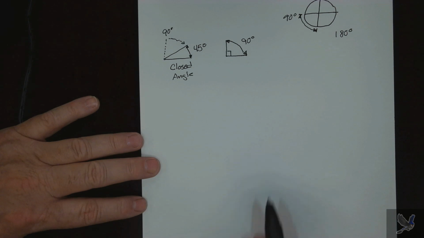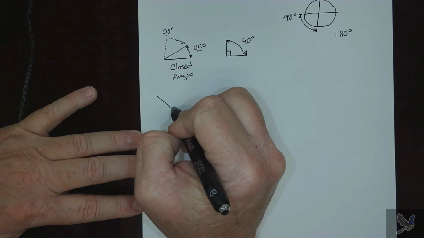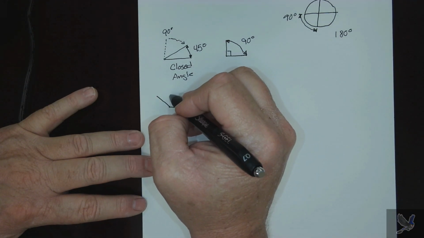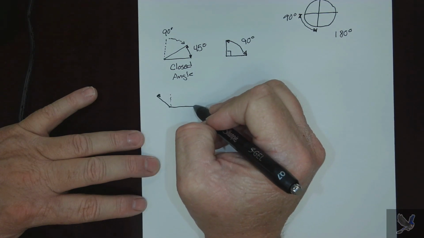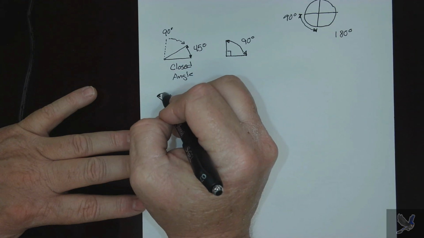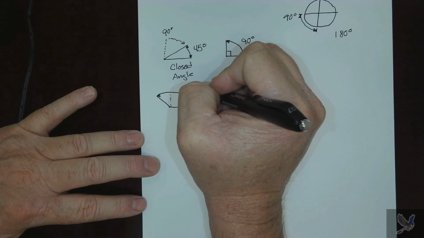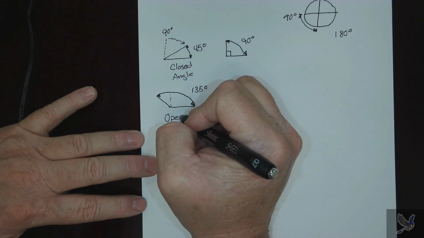I bet you know where we're headed. What if I have an angle way more than 90 between the legs? Let's call that 135 degrees. That is considered an open angle.